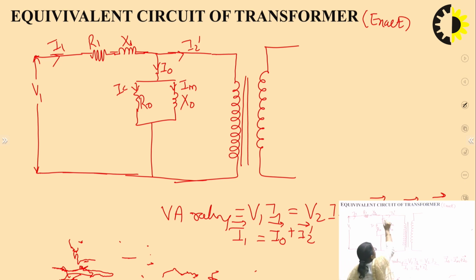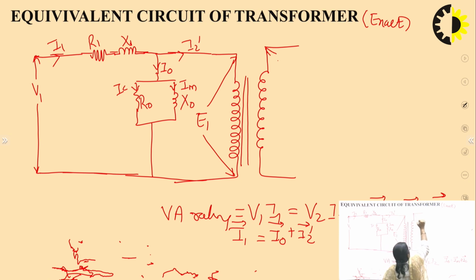This is I2 dash, which will be giving us the induced EMF in the primary, say E1. Now, because of the mutual induction, the secondary will also have an induced EMF, given by E2.